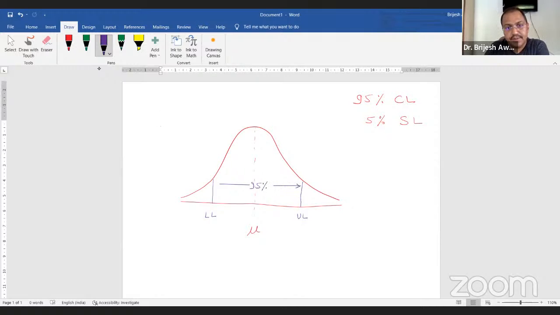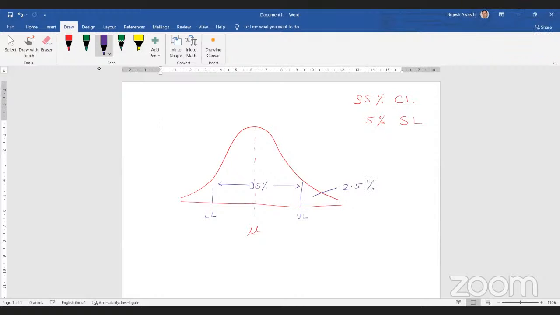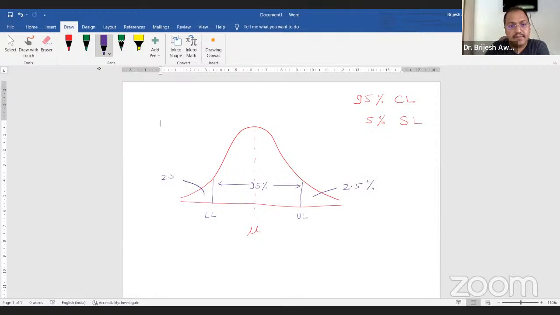This part is 95%, and the remaining parts are 2.5% and 2.5%, which together make 5%. So on the basis of this 95% confidence level, we will get two values, the upper limit as well as the lower limit. And how will we get these values?